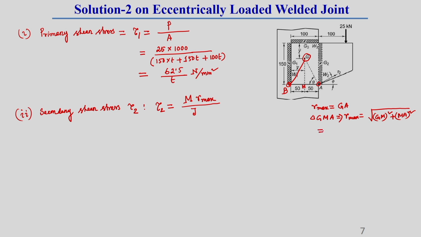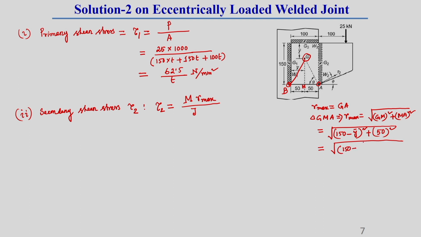So, R max will be the square root of GM square plus MA square. GM equal to 150 minus y bar, plus MA, which is half of the horizontal weld length, that is 50, squared.